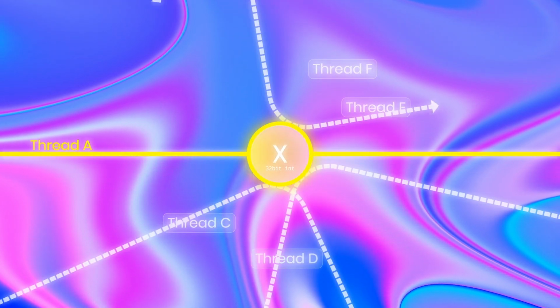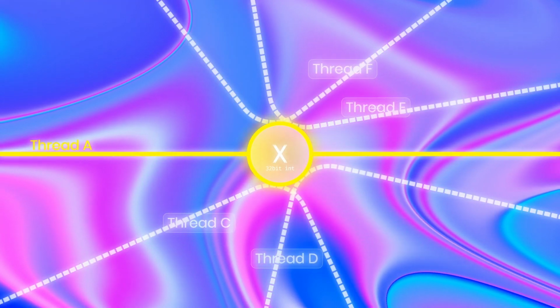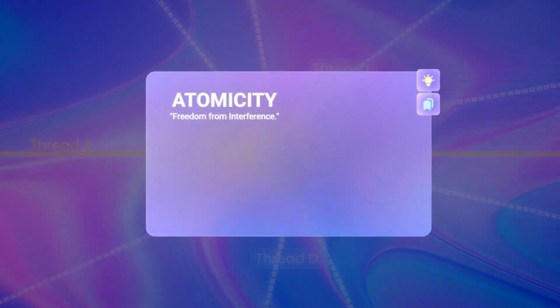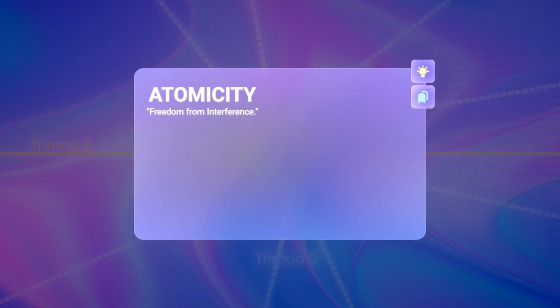An atomic operation is a task that cannot be interfered with. For example, if thread A performs an action on object X, it's guaranteed that no other thread can negatively impact thread A's data, even if thread A's execution is paused. Got it? Atomicity equals freedom from interference. This concept is crucial to understand as we'll use it many times in this video.